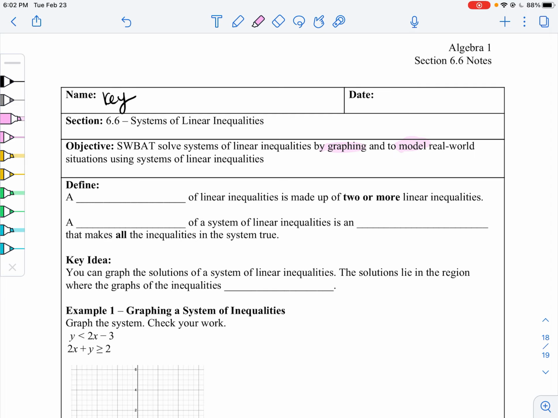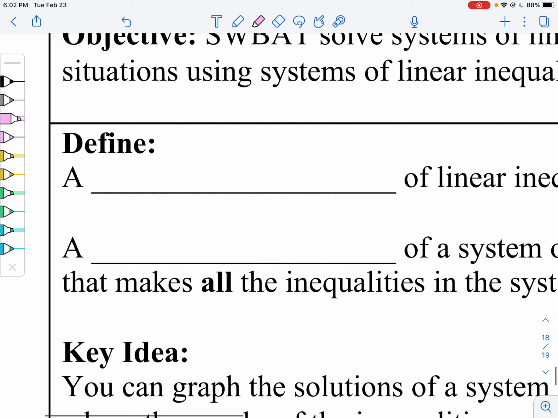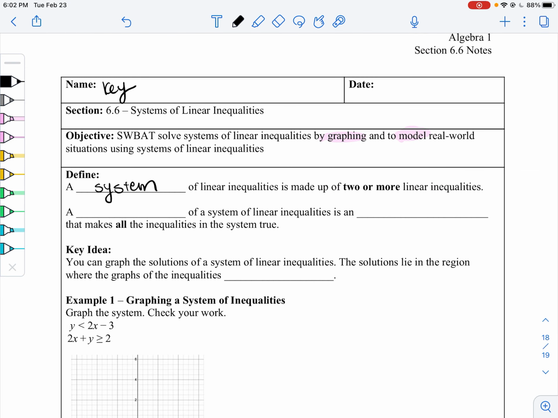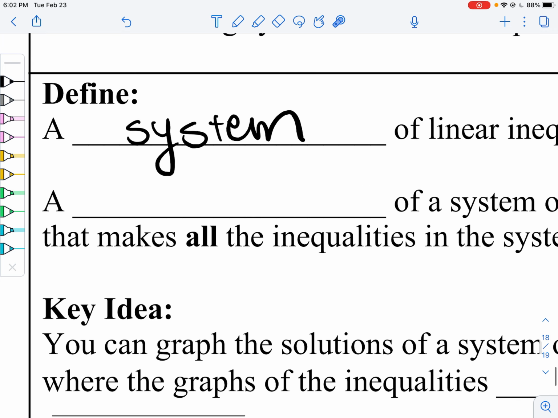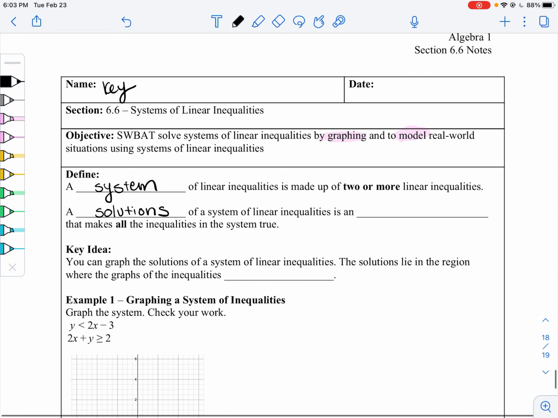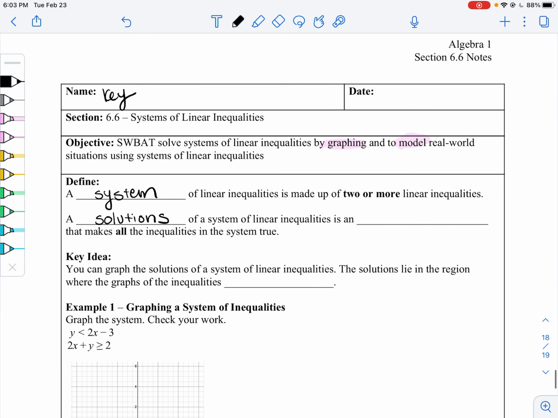Aww. Just a quick reminder, just like a system of equations was two or more equations together, a system of linear inequalities is made up of two or more inequalities. And just like the solution of a system of linear equations is any point that makes all of the equations true, whether that was their intersection or them being on the same line or whatever, the solution of a system of inequalities is any ordered pair.